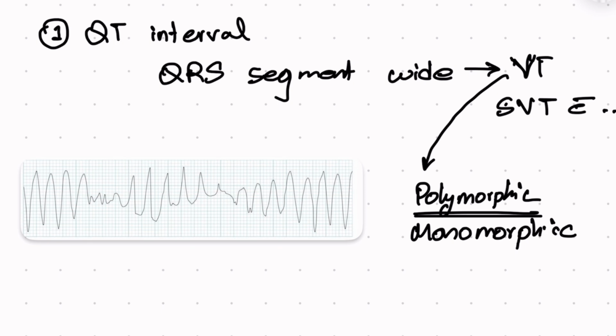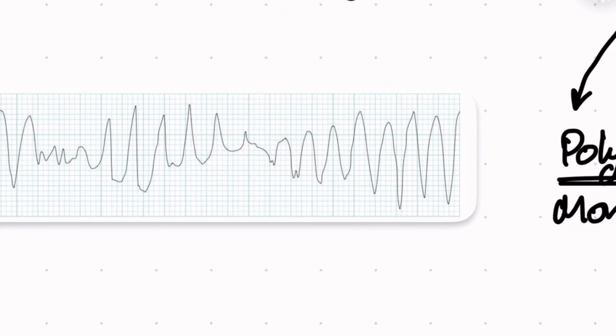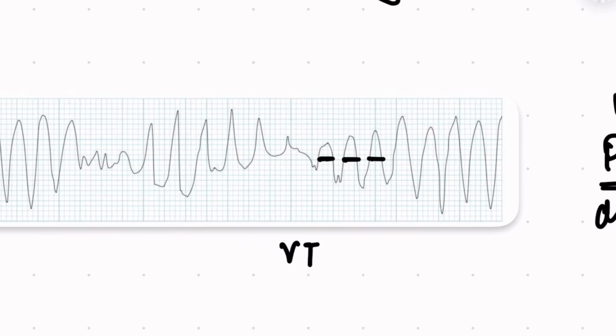What is polymorphic VT? Let us look at this ECG. As we can see, the QRS segment is wide. So this is a case of VT. Then we have to look at the structure of the QRS segments. If they're identical, it's a case of monomorphic. If they're not identical to each other, that is, the shapes are different from each other, it's a case of polymorphic VT. So let us look at this ECG segment.